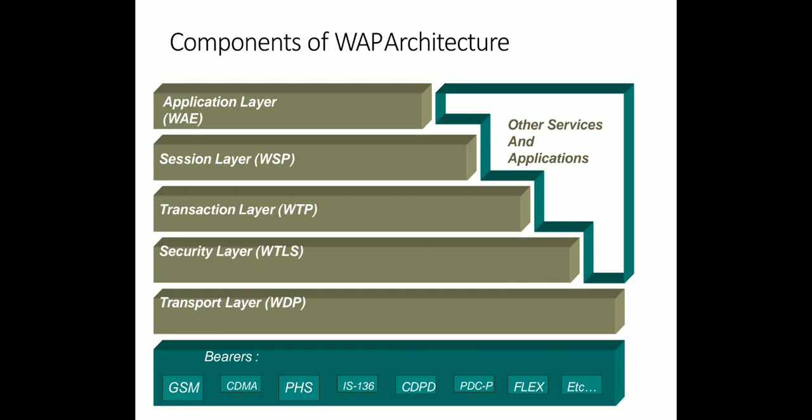Then the transaction layer is used for the transfer of data. The session layer and application layer are expected to give services and applications. They work on how data is going to be transferred.